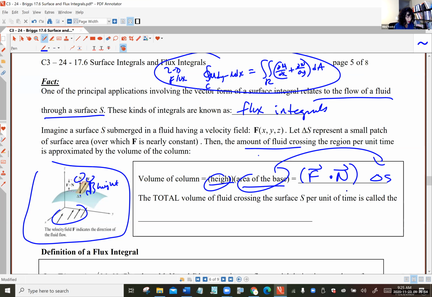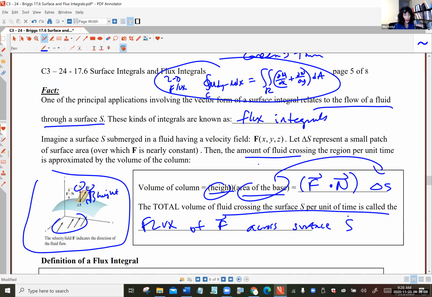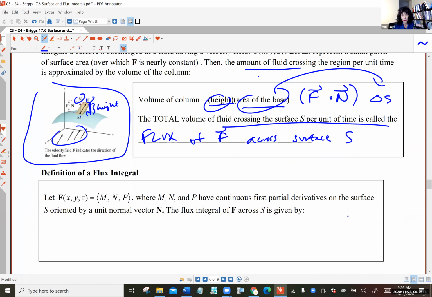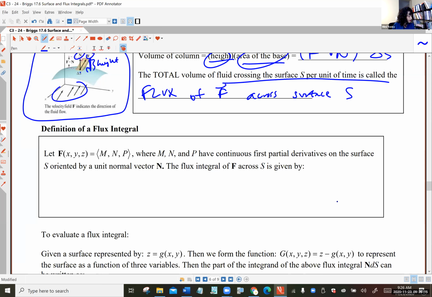And so your total volume of the fluid crossing over the entire surface is called the flux of F across the surface S. Great. And how do you get it? You do an integral, because you sum up all the little patches, get your Riemann sum, and take a limit.